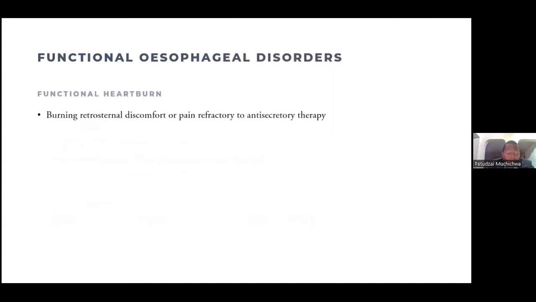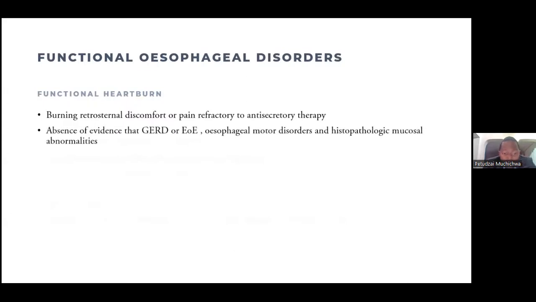Next will be functional heartburn, which is described as a retrosternal discomfort or pain refractory to anti-secretory therapies, with absence of evidence that gastroesophageal reflux disease or eosinophilic esophagitis, esophageal motor disorder and histopathologic abnormalities have been excluded.